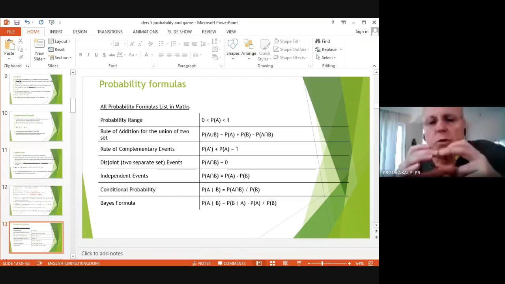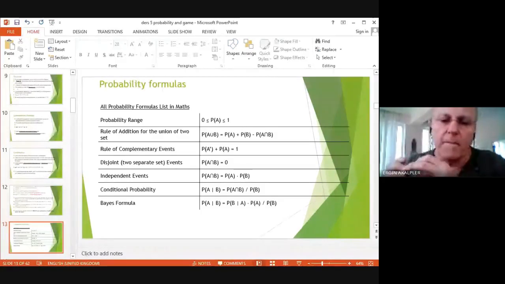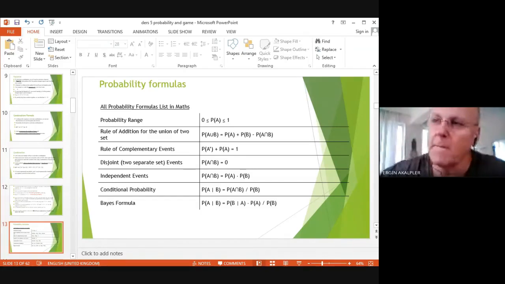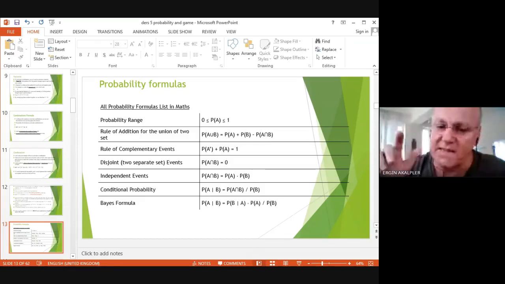Let's say you have a group A, and how do you get the group union? For example, you have one dice. There is on it 1, 2, 3, 4, 5, 6, isn't it?